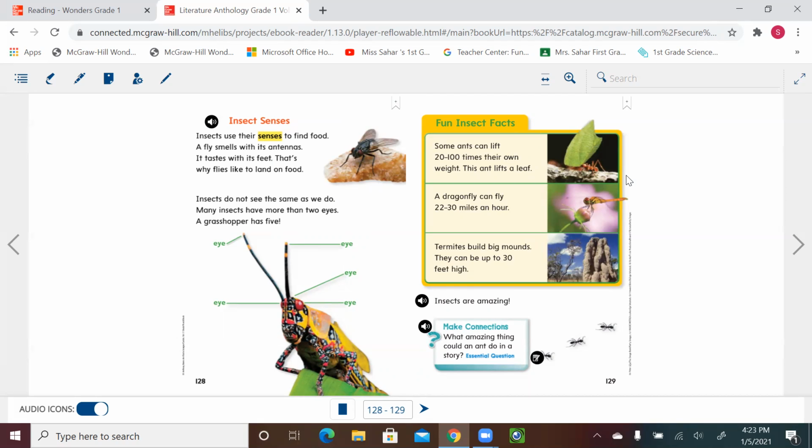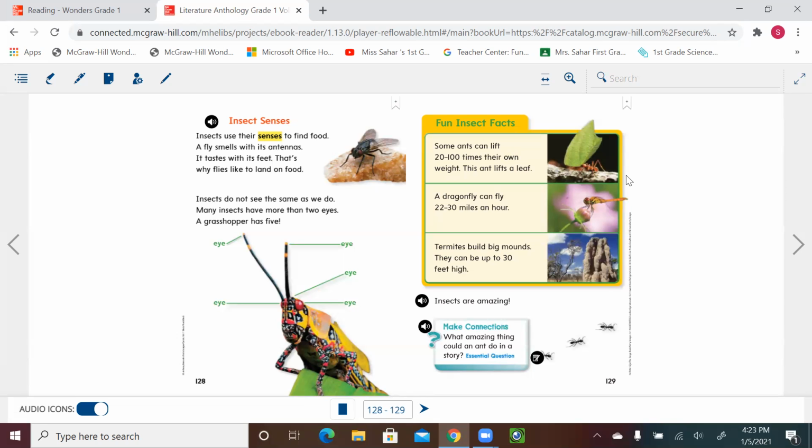This is when we use a picture here to let you know that the information you're reading about is related to this picture. And also to visualize and see, as maybe not all of us have seen a dragonfly or an ant carrying and lifting a leaf on top of its body.